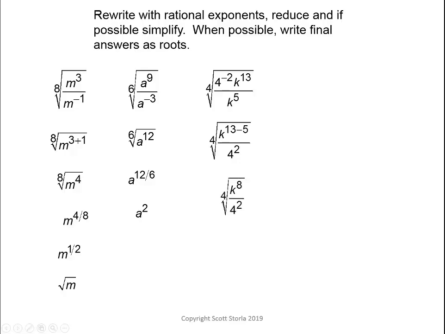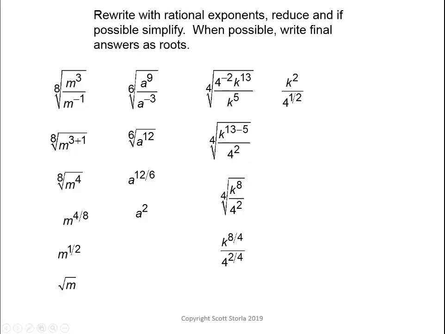Next, I would use the idea that each of these is a 4th root. So I'll get k with an exponent of 8/4 and 4 with an exponent of 2/4. I can reduce 8/4 to 2 and 2/4 to a half.